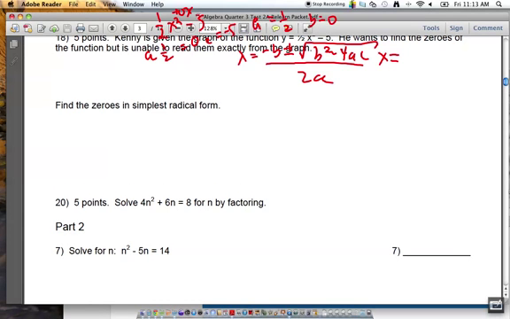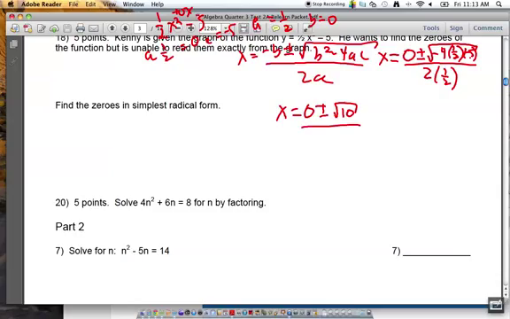x is going to equal the negative of 0, which is just 0, plus or minus the square root of 0 squared is 0, minus 4 times 1/2 times negative 5 all over 2 times a half. So x is going to equal 0 plus or minus the square root of negative 4 times a half times negative 5, which is 10, all over 2 times a half, which is 1.